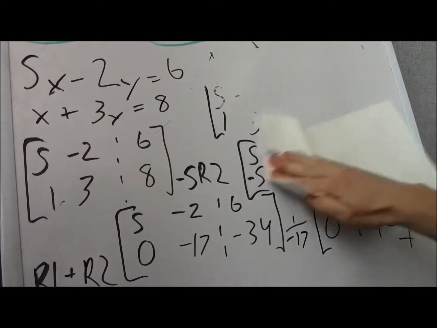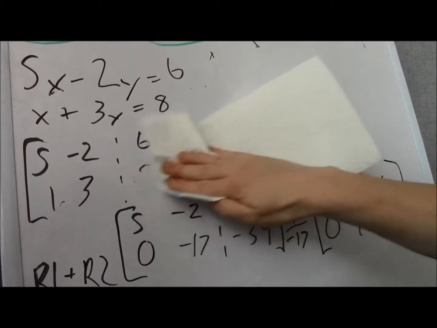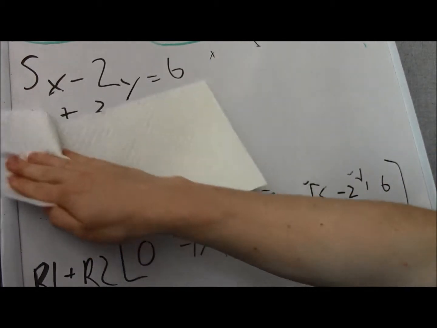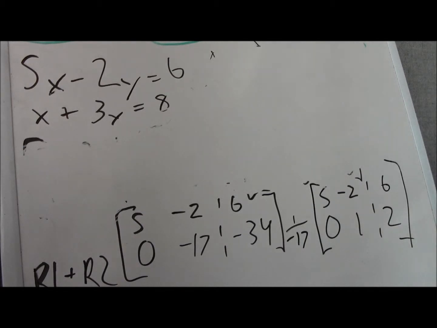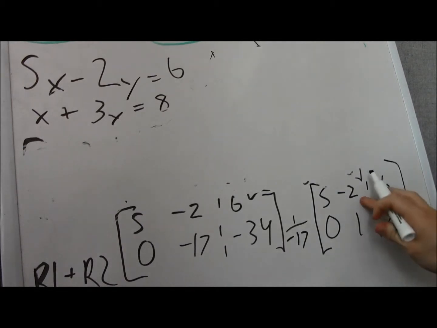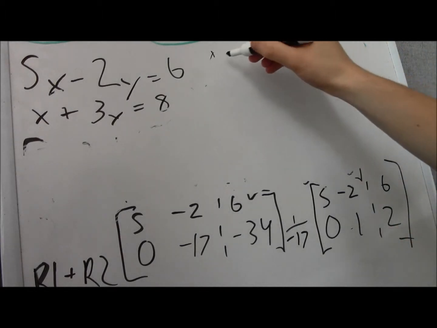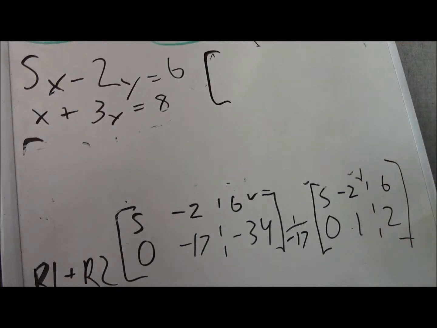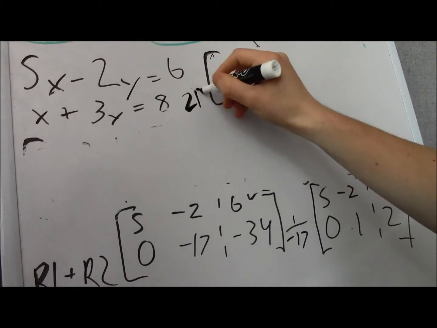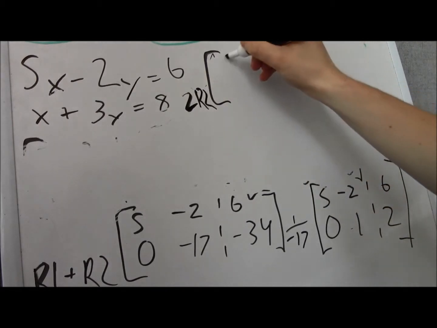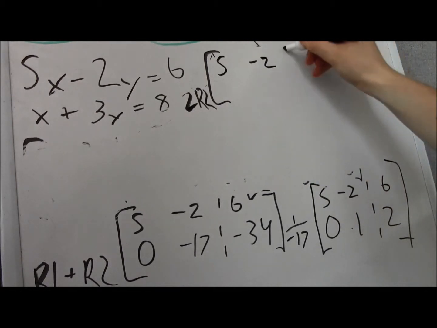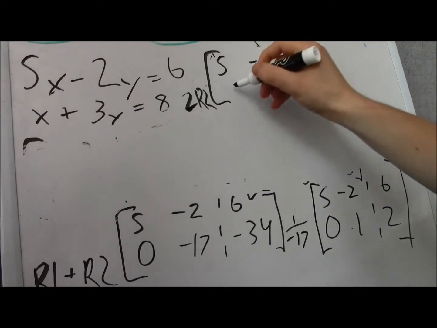So now we move on to getting the top row into the right format. We just do the same thing. So we want to add these two rows to make it work out. So what I do is multiply that bottom row by 2. And you keep multiplying it out.